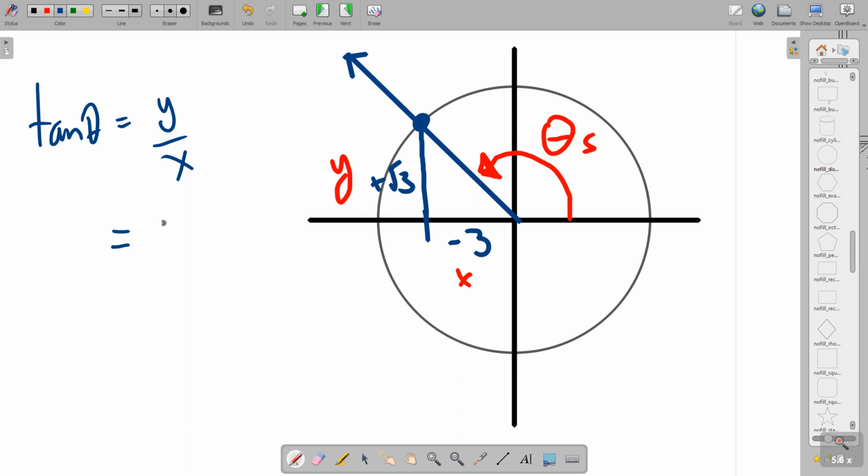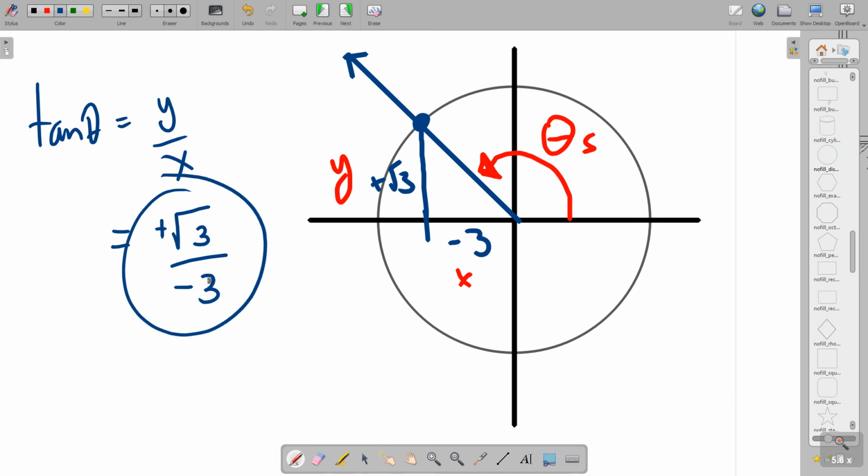That means we have the positive root 3 over negative 3. Wait a minute. This is the fancier, weird one, by the way, with a square root 3. Normally when you see a root 3, that should be an automatic. It could be the 60-degree triangle, or it could be the 30-degree triangle.